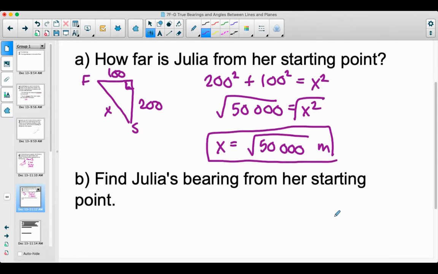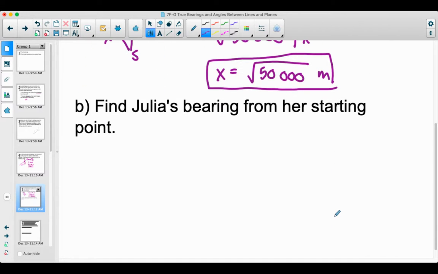Then the next part says to find Julia's bearing from her starting point. If we think about her triangle here, and this is always just the direction I draw my triangles, here's where she starts and here's where she finishes. This is going to be my 200, and this is going to be my 100. We want to find her bearing from her starting point.